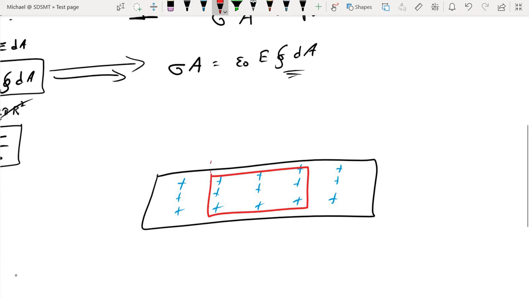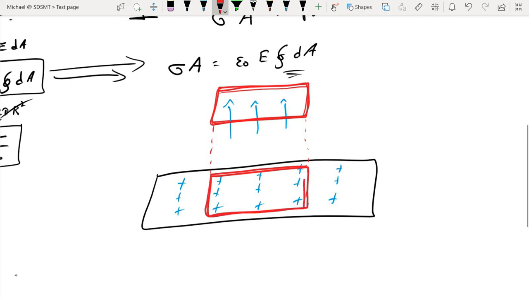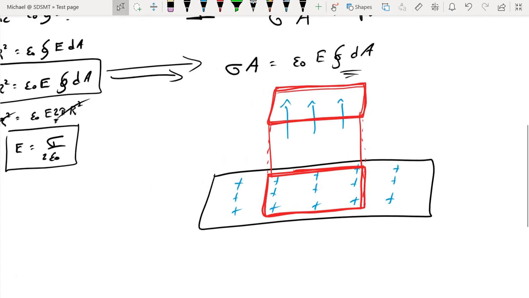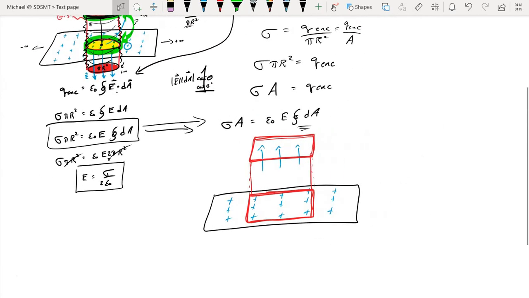Well, if we then translate that up to the point in space where we want to measure the electric field, well, the cross-section of this area up here where we're trying to measure the electric field is the same as the cross-section of our charge sampling. And so we could just as easily make another Gaussian container.